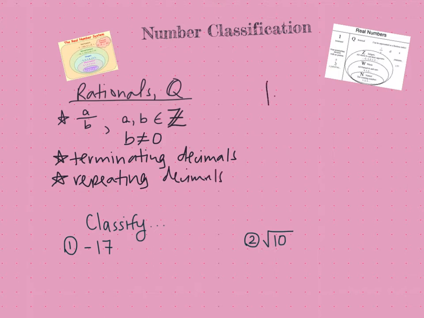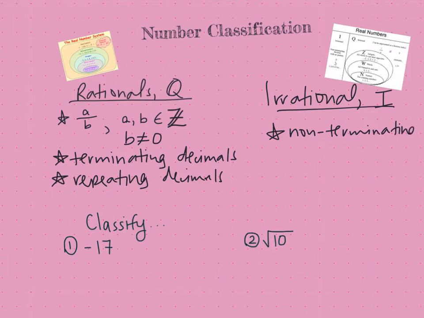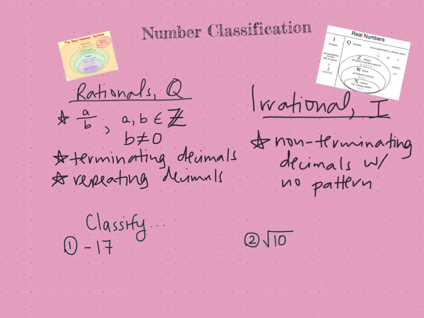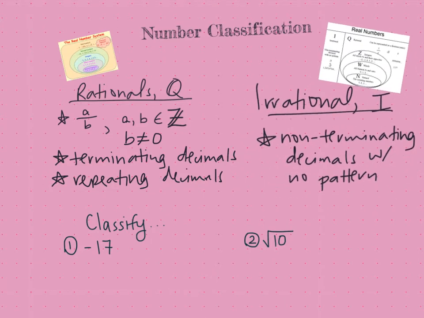Irrational numbers, on the other hand, which are represented by I, cannot be put into the form A over B, and they include non-terminating decimals, which is just a fancy way to say it goes on forever, with no pattern. So pi, for example, is probably the most common irrational number, the most famous. Pi goes on forever and does not repeat. Another example is the square root of 2, or e.